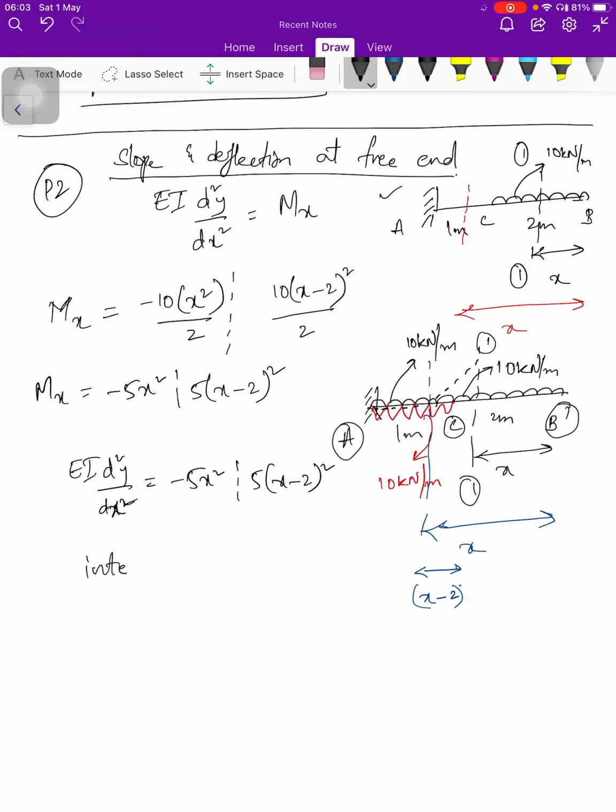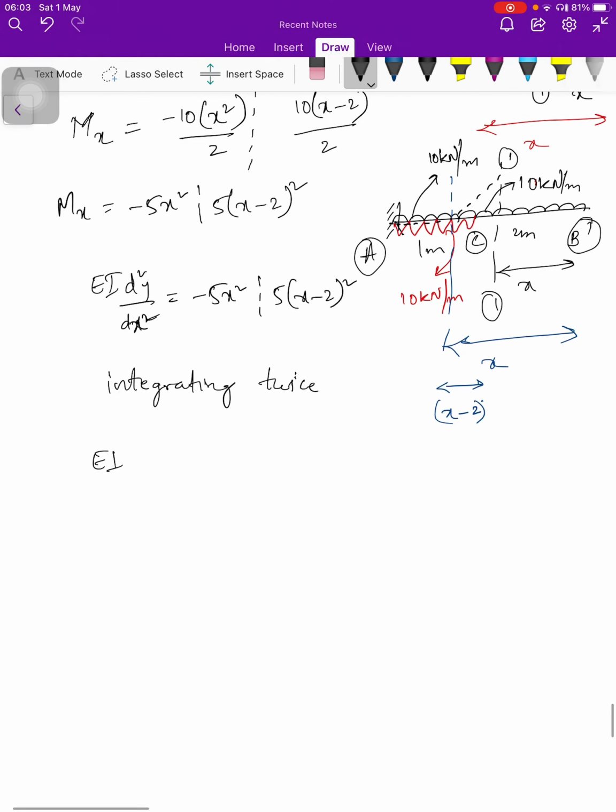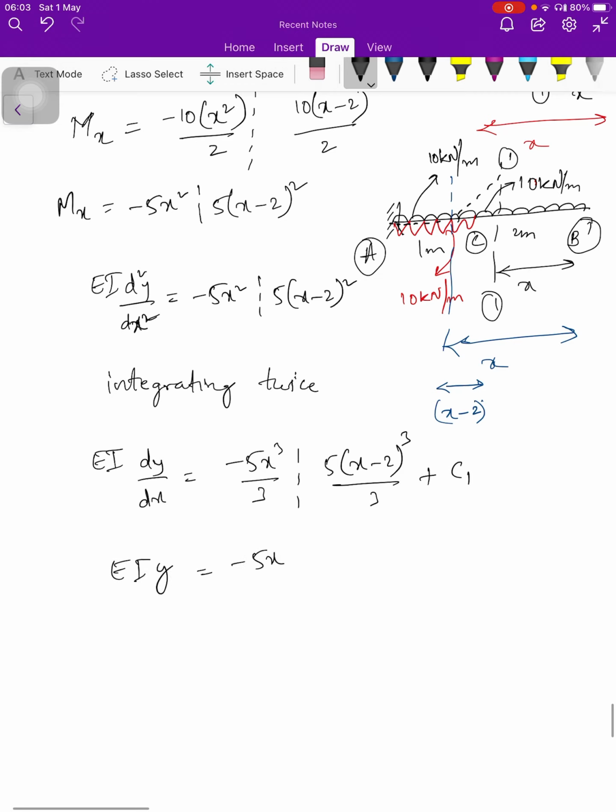Integrating twice, this will become EI dy by dx is equal to minus 5x cube by 3 plus 5 into x minus 2 whole cube by 3 plus c1, and EIy is equal to minus 5 into x power 4 by 12 plus 5 into x minus 2 whole power 4 by 12 plus c1x plus c2.